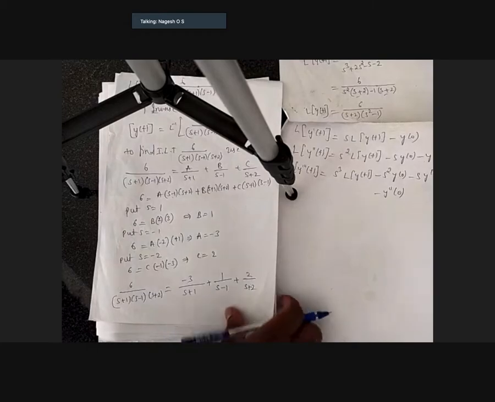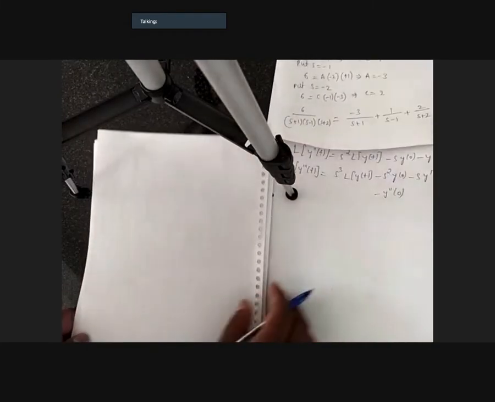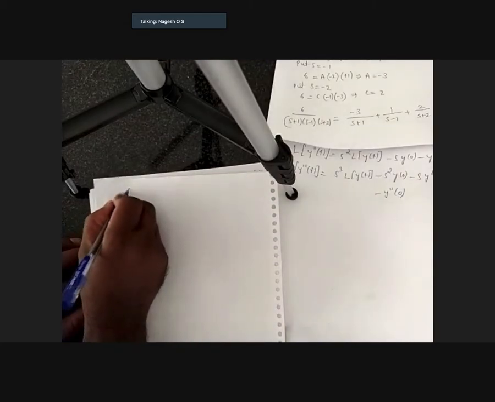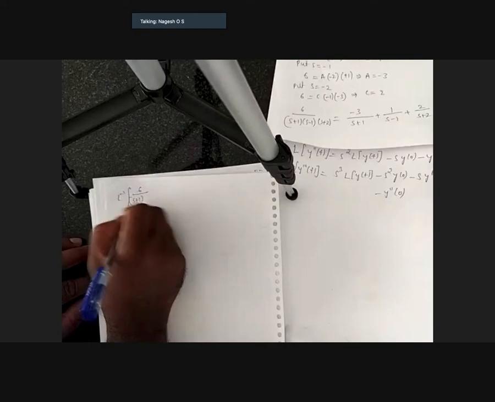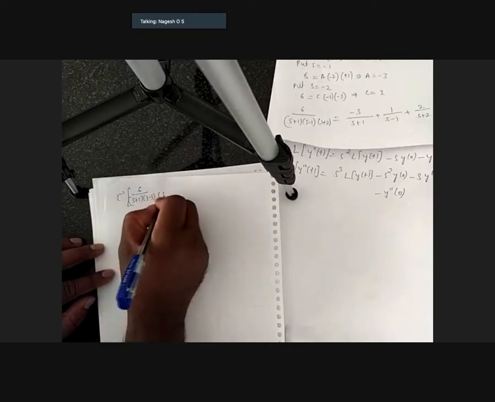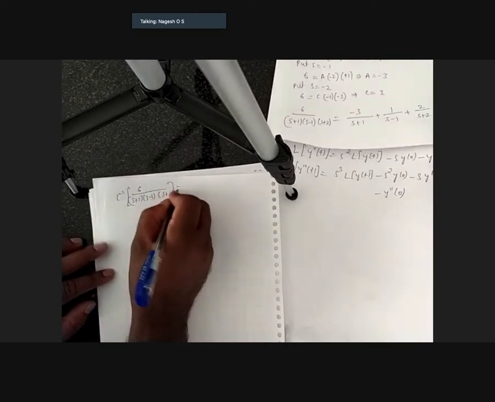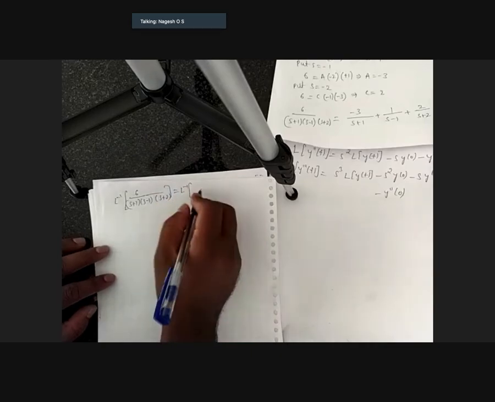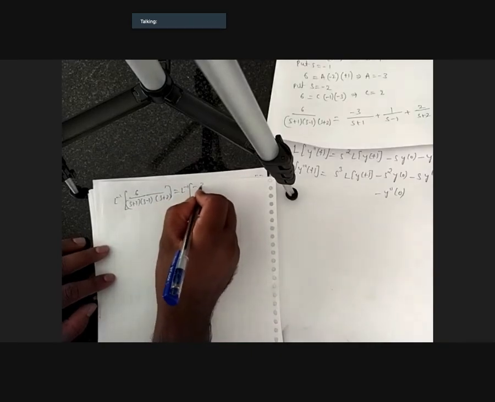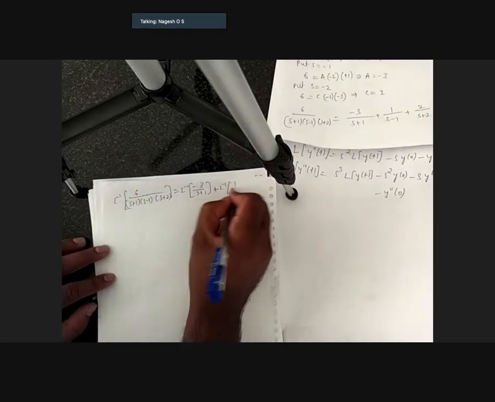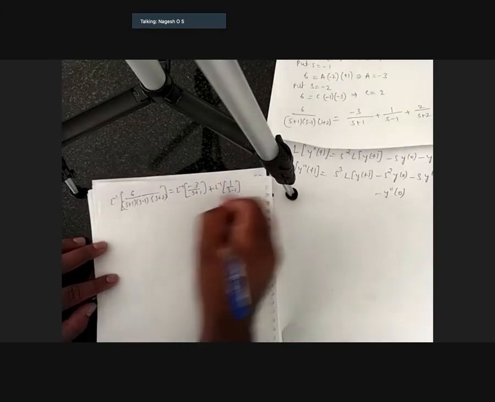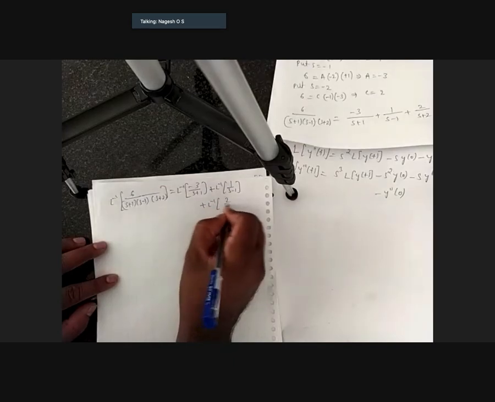Okay, now apply inverse Laplace transform. Laplace inverse of 6 by (s plus 1)(s minus 1)(s plus 2) is equal to Laplace inverse of minus 3 by s plus 1, plus Laplace inverse of 1 by s minus 1, plus Laplace inverse of 2 by s plus 2.